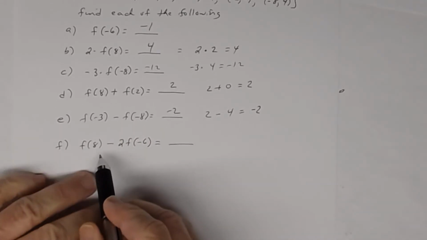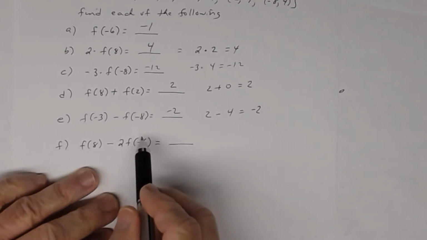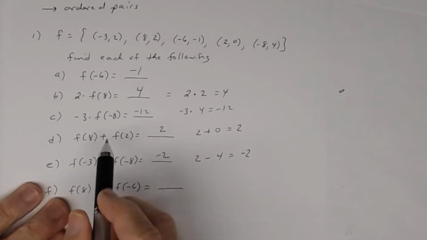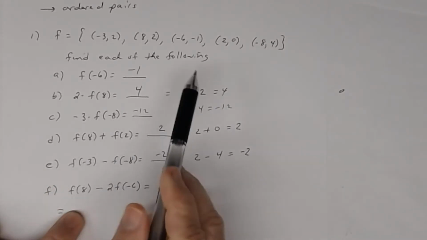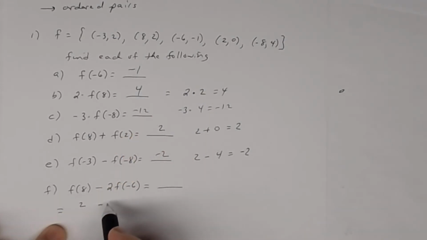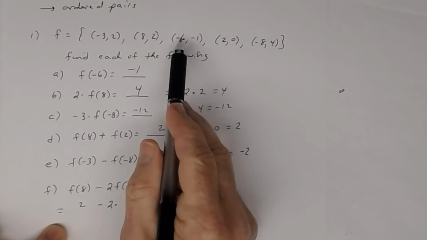All right. In f, you want to find f of 8 subtract 2 times f of negative 6. I'm going to go ahead and put that below it. So f of 8, what's the y value when x is 8? So x is 8, y is 2, so that's 2. Subtract 2 times, and then f of negative 6, what's the y value when x is negative 6?